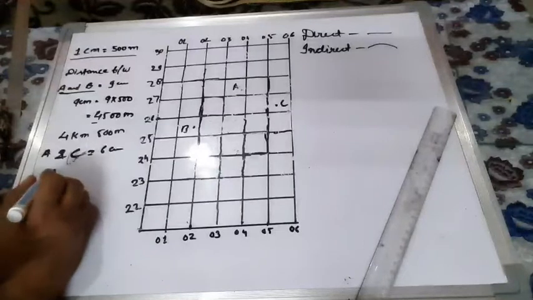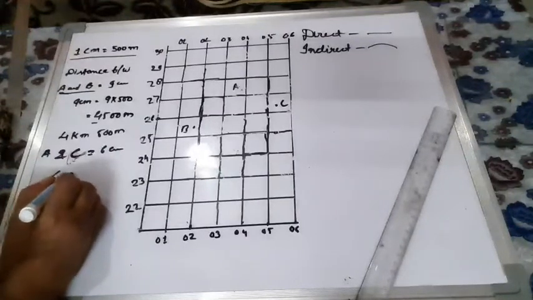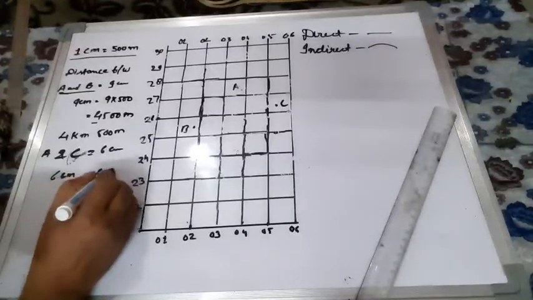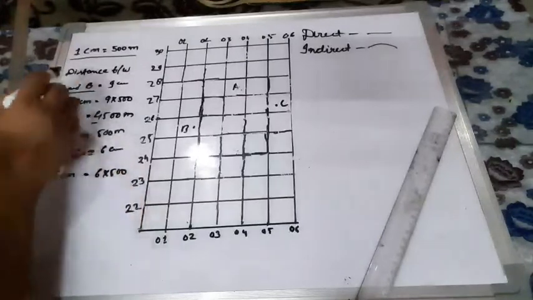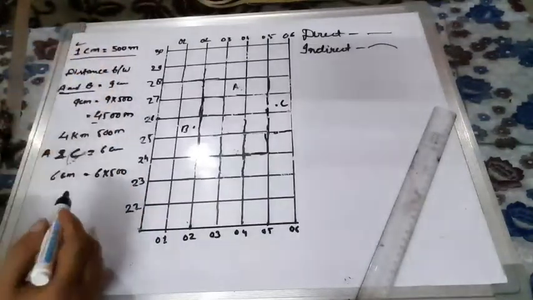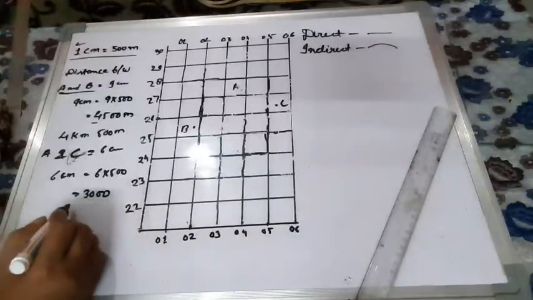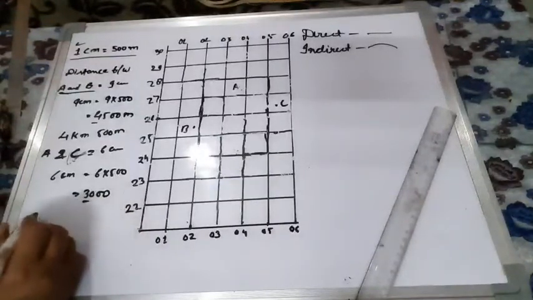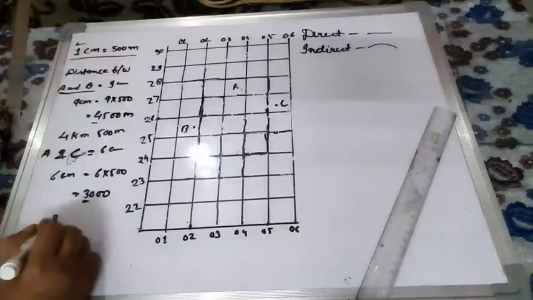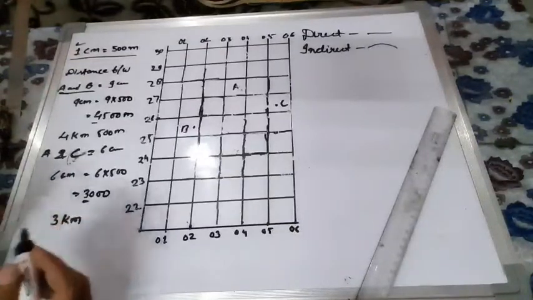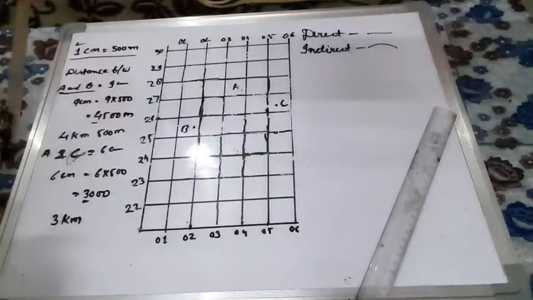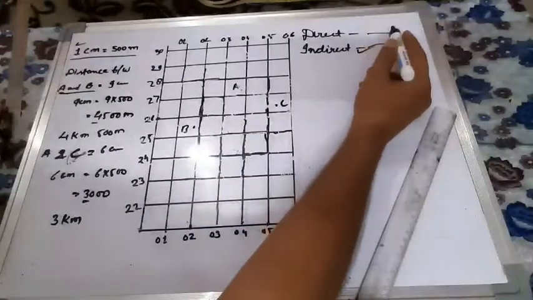Now we will convert 6 centimeter into kilometers and meters. So 6 centimeter multiplied by 500 meter, because we know 1 centimeter is equal to 500 meter. Then 6 5s are 30 and 2 0s. That means the distance between A and C is 3 kilometers. Okay, got it.